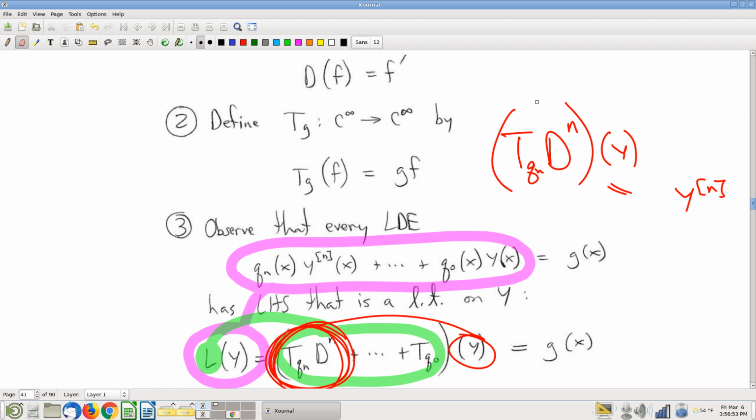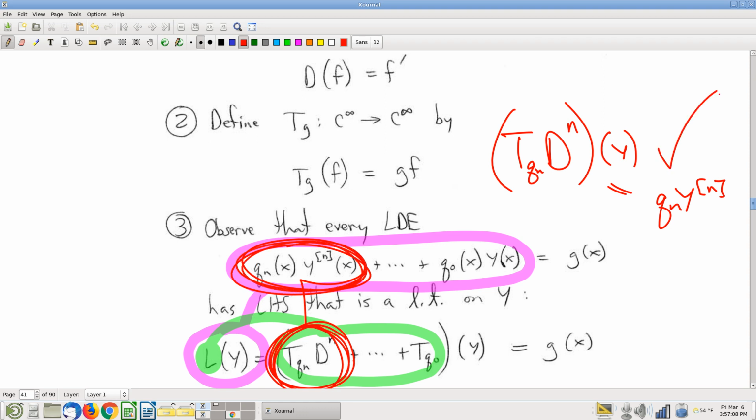T_qn says multiply by q_n. And notice we get, as promised, exactly this. Likewise for all the other terms.